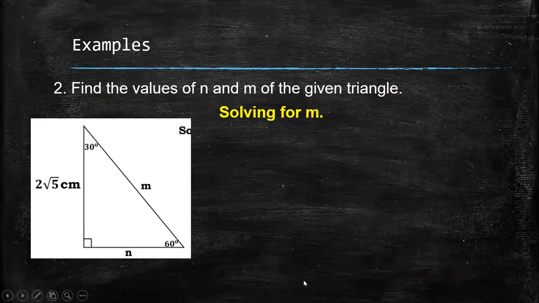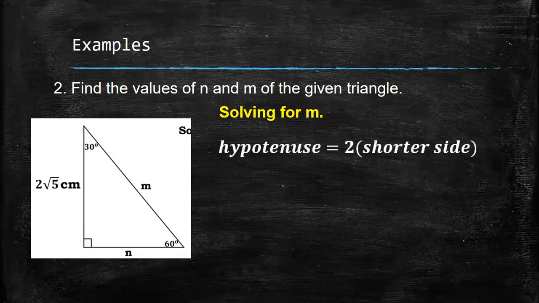Okay, next we have solving for m. m is our hypotenuse. So to get the hypotenuse, we need to double the shorter leg: 2 times the shorter side. Let's substitute.